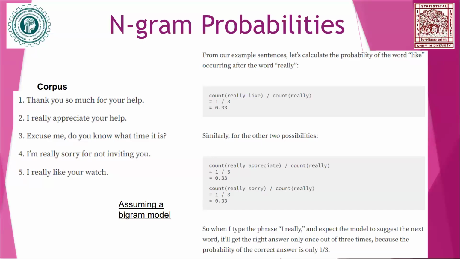Okay. And based on that, it may not be something as simple as keeping a count of which word follows which from a corpus. It may be something more sophisticated. But at the end of the day, what you're calculating is the probability of something, some word, the word like, occurring after the word really when you type in the question to a tool like ChatGPT. So basically, that is what is happening.